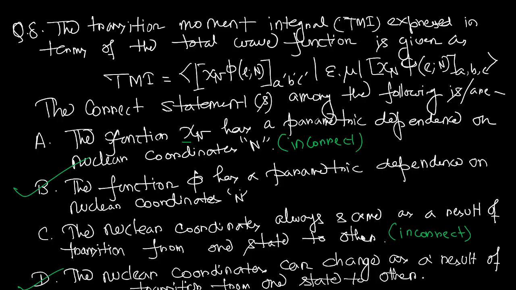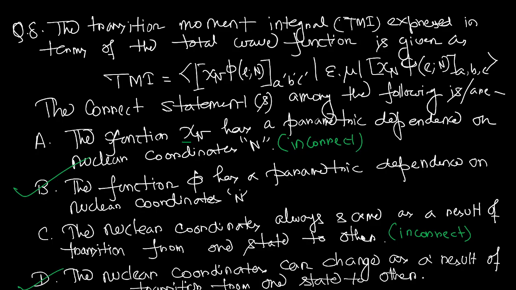So it's not that the electron behaves freely of the nucleus. There is a relationship, which is denoted as a parametric dependence. So it has a dependency on the nuclear coordinate.